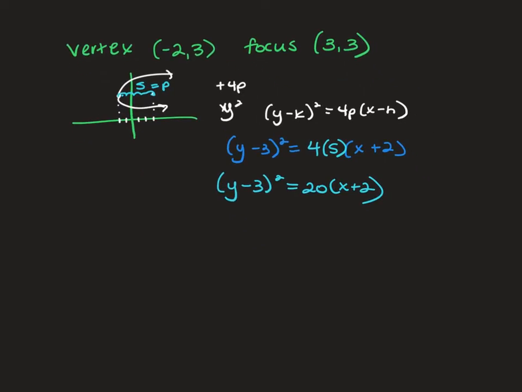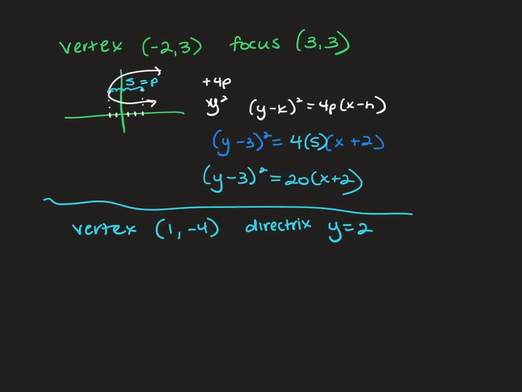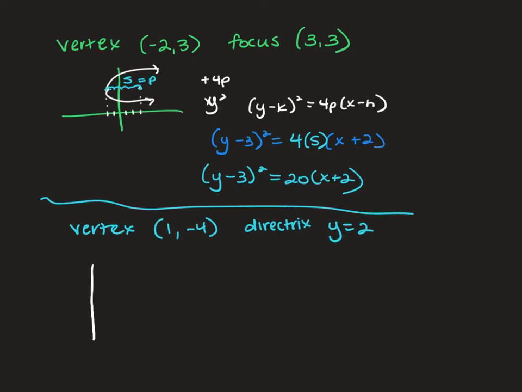You could also maybe be given the vertex and the directrix. So if I do the same thing, I still want to graph it: 1, 1, 2, 3, 4. Here's my vertex.